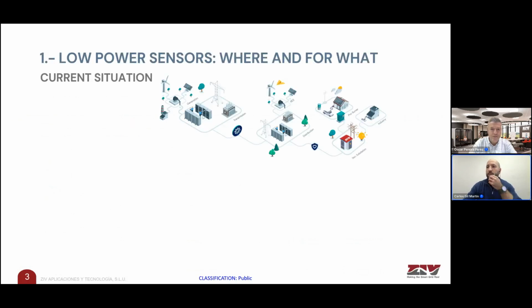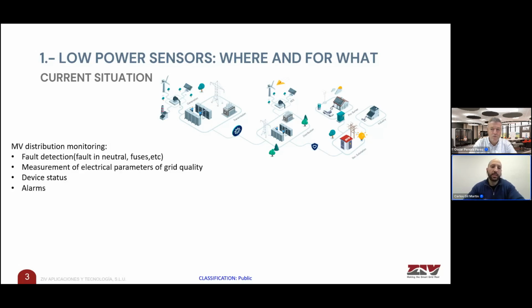So here you can see a diagram of the electrical grid. We have the stages of generation, transmission, distribution. Here, at least in Europe, due to the European directives, all the utility companies are focusing on monitoring and supervising the distribution area.